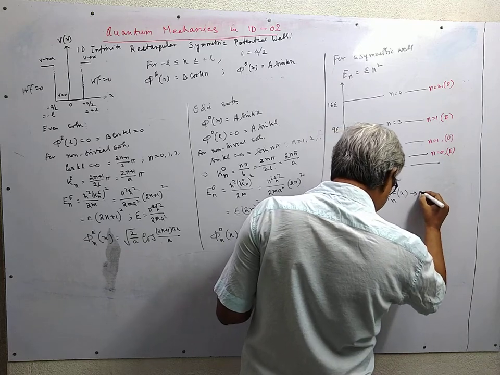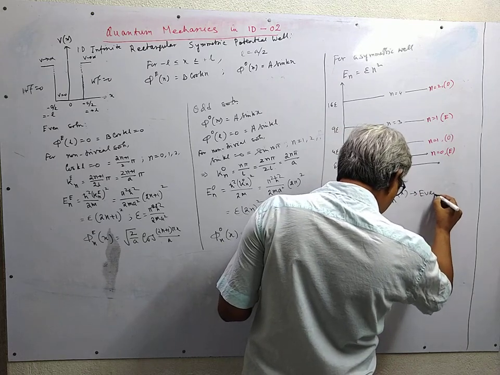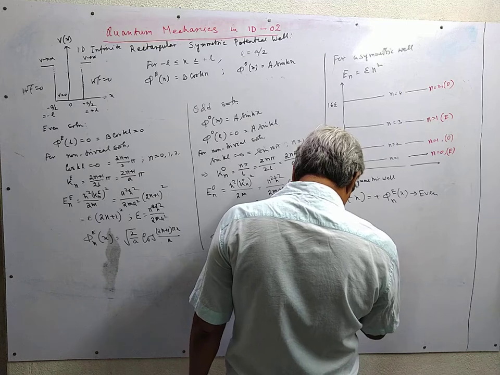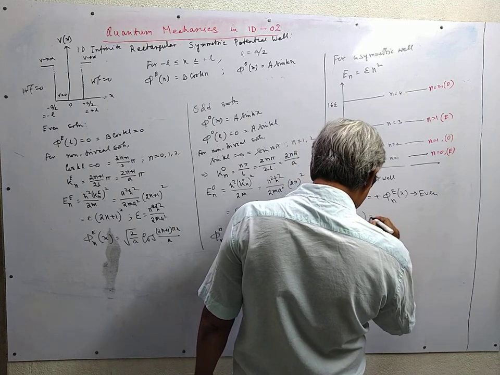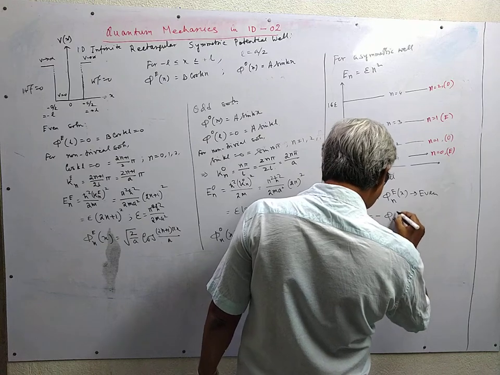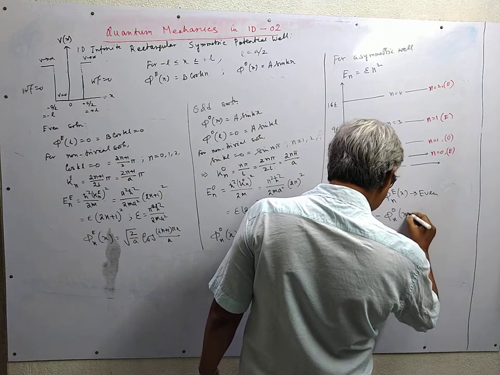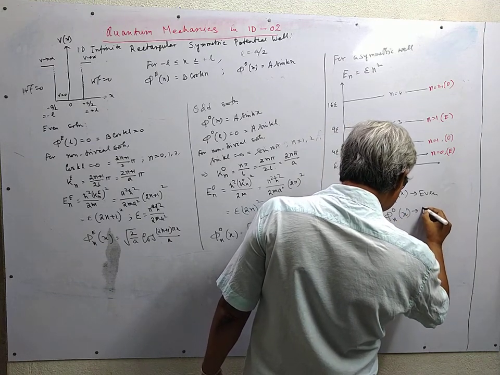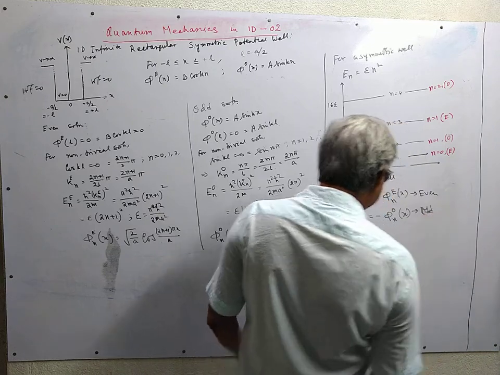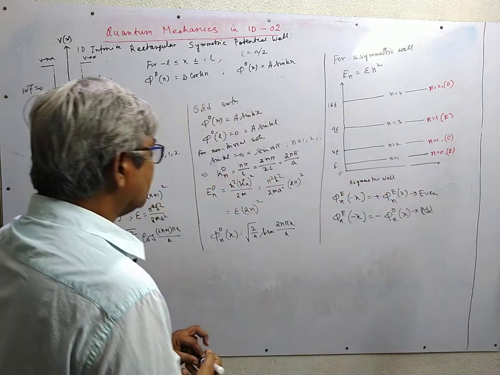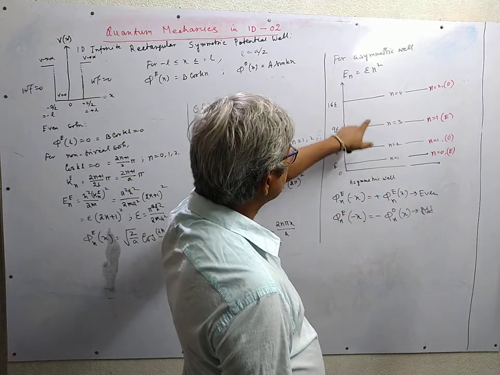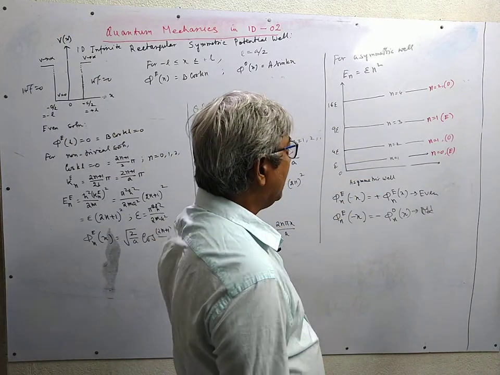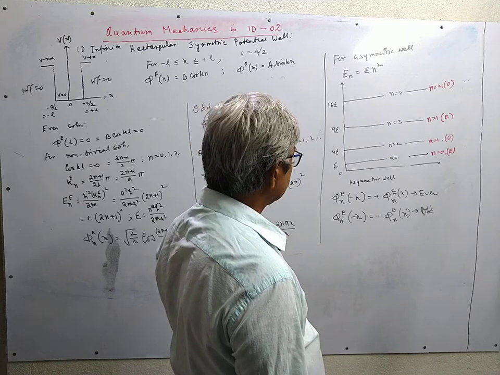This is the even state property. And the odd state has the opposite property. So we see that the ground state belongs to an even state, and the other states are alternatively coming from even, odd, even, odd, even, odd.